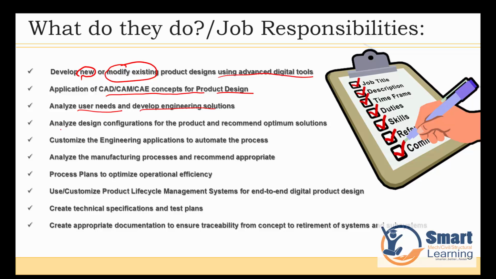And also they analyze the design configurations for the product, recommend the changes, finalize the solutions, and customize the engineering applications to automate the process. This is very important so that we can reuse the existing part and also take the leverage and analyze the manufacturing process, recommend an appropriate plan and optimize operational efficiencies.